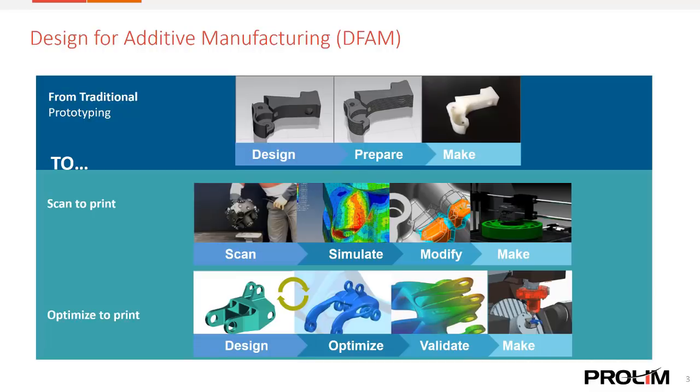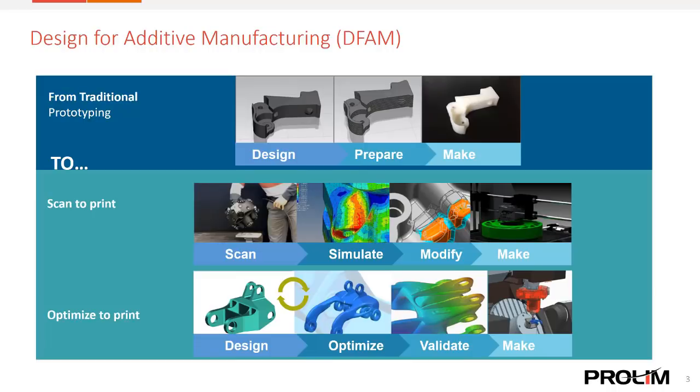Based on our material properties, loads, and constraints, we're going to have an optimized part that we could 3D print out in the field or in the shop. But first, we have some validation tools to make sure that part meets our design requirements, and then we could 3D print it. That's the process and what it looks like.